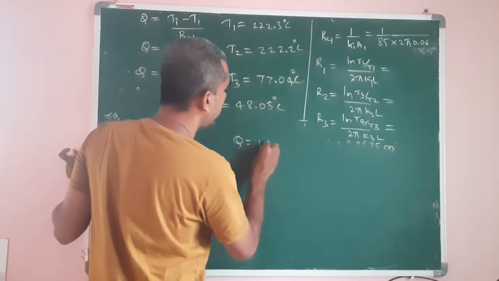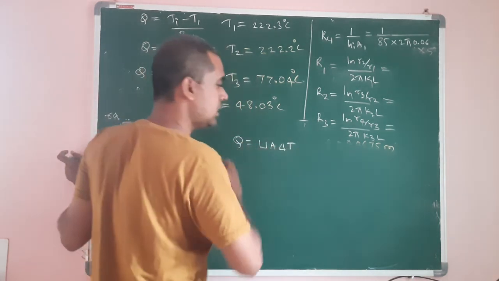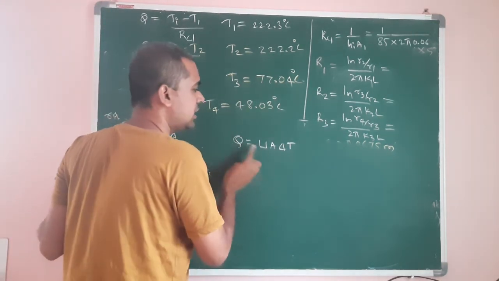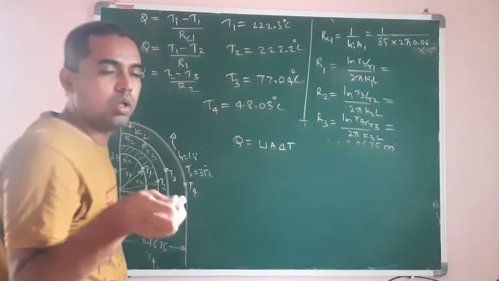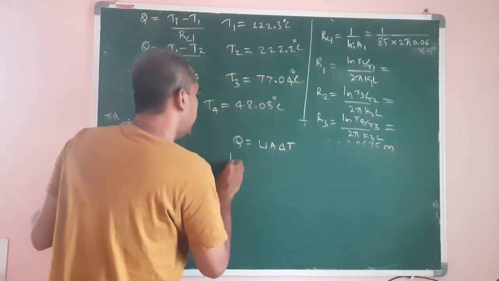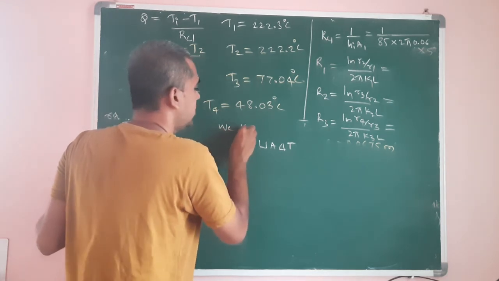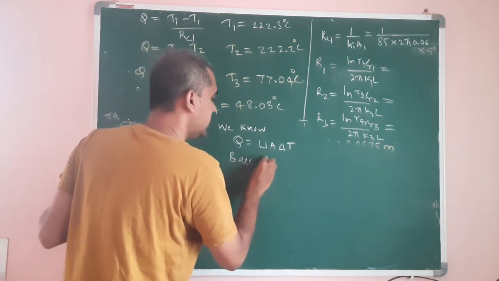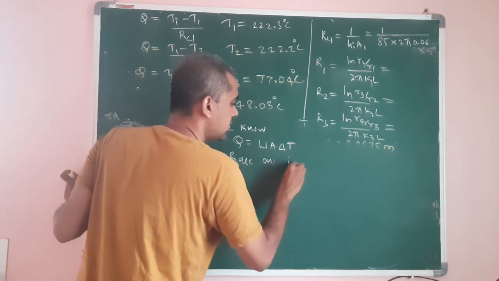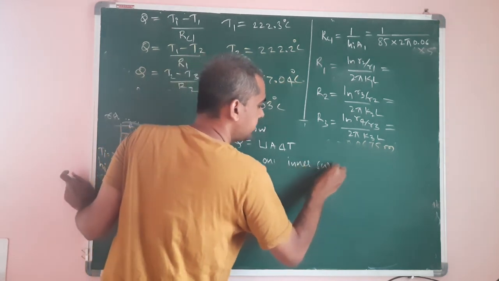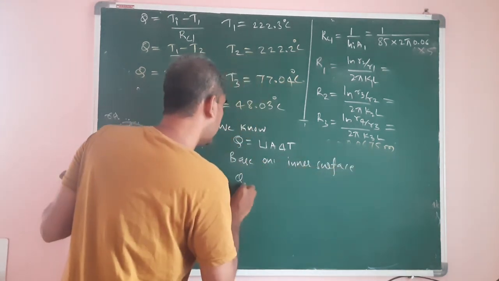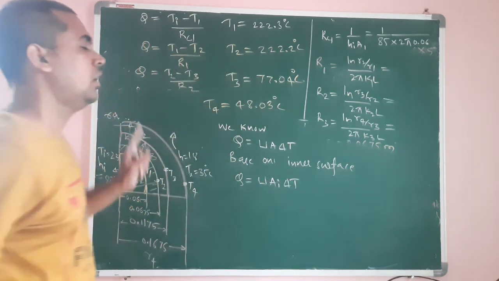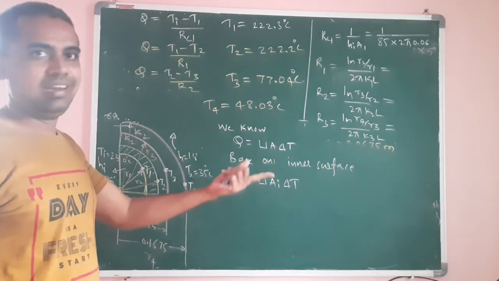Q is equal to Ui Ai into delta T. Ai means 2 pi R1 into L, that is Ai.